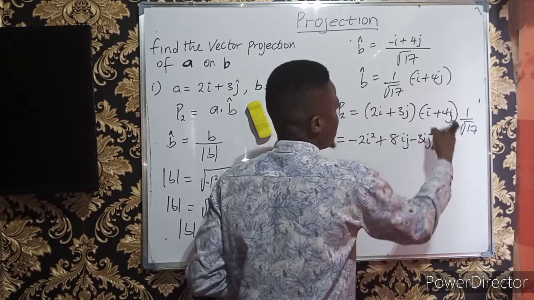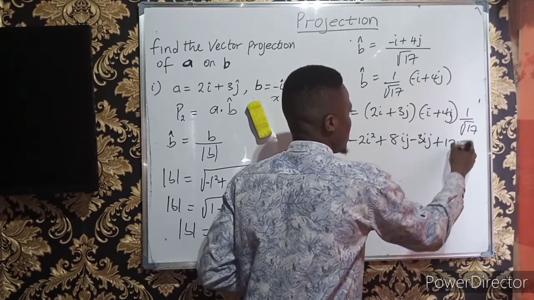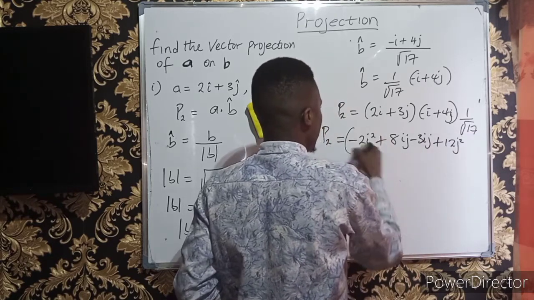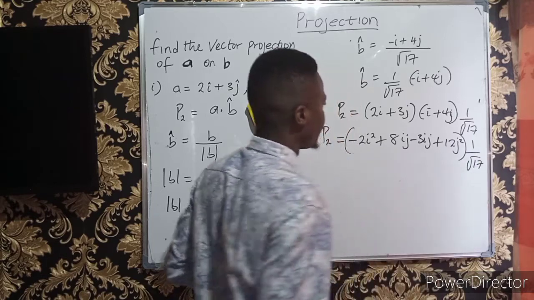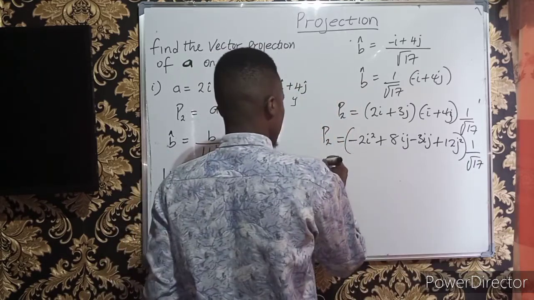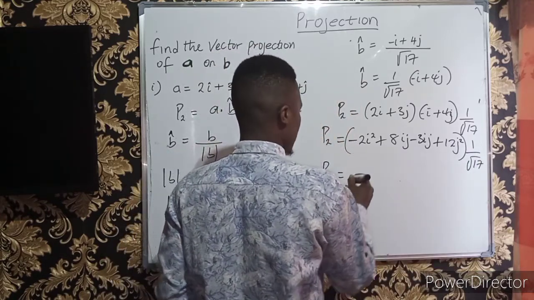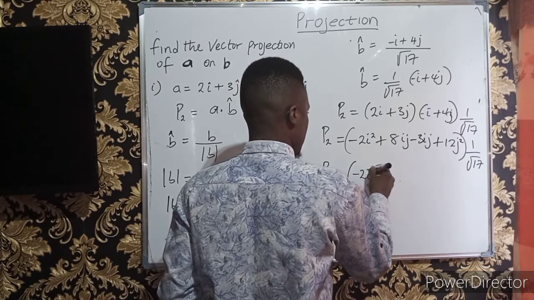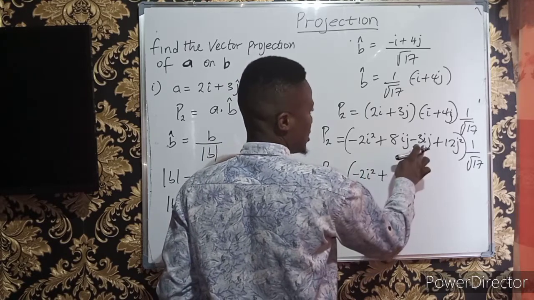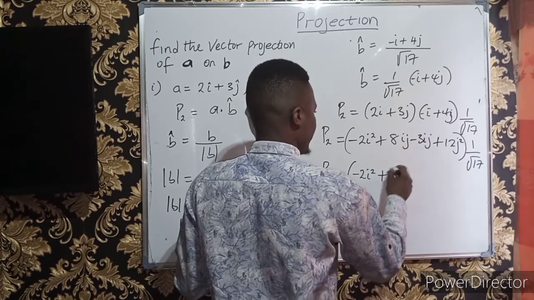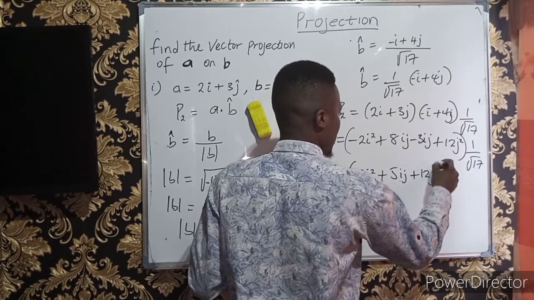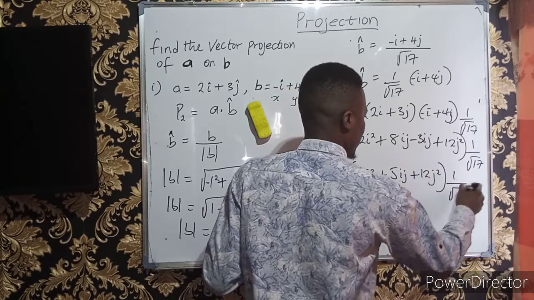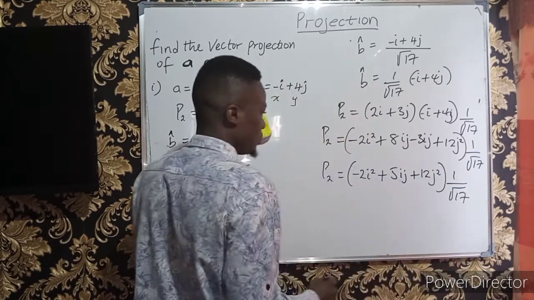And 3j times 4j will give us plus 12j squared. Remember, we have 1 over root 17. So our p2 will now be minus 2i squared plus 8ij minus 3ij is 5ij plus 12j squared multiplying 1 over root 17.